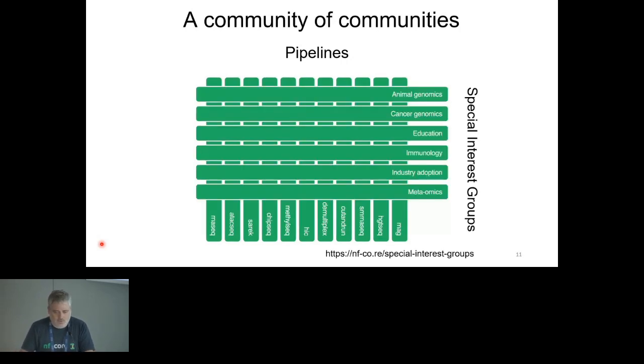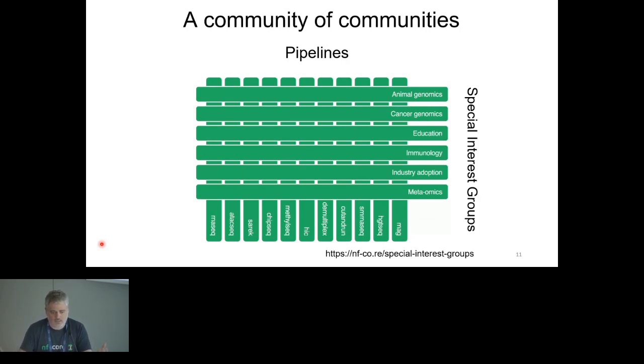But what we saw is that many people were not using just one pipeline. They were using several pipelines. You can be using RNA-seq, ChIP-seq, ATAC-seq because, for instance, you are working in a given animal species, or because your research focus is whatever. So that's why we came up with the idea of the special interest group.